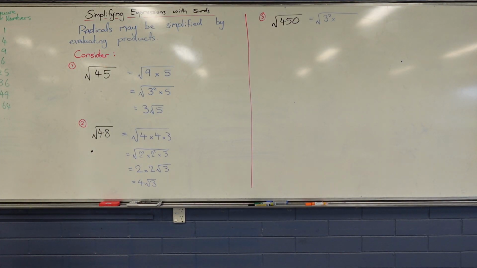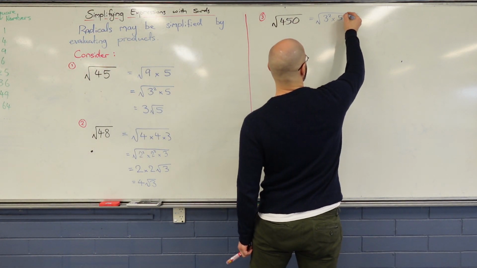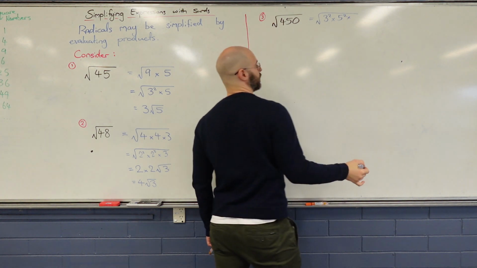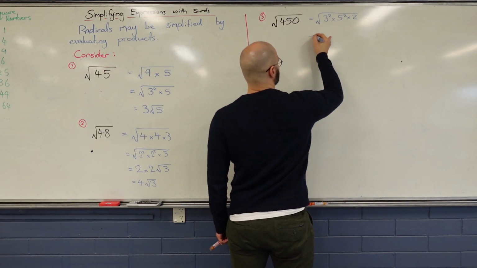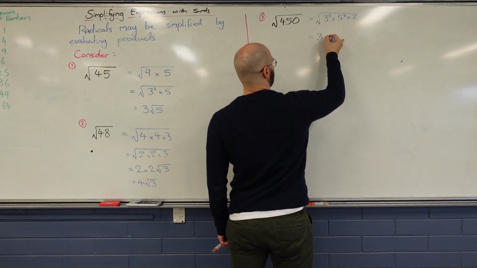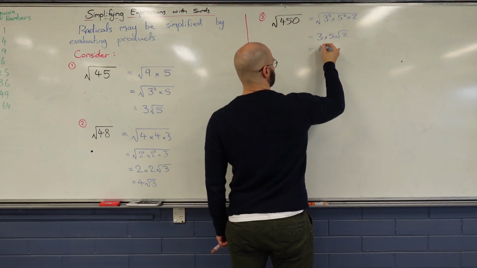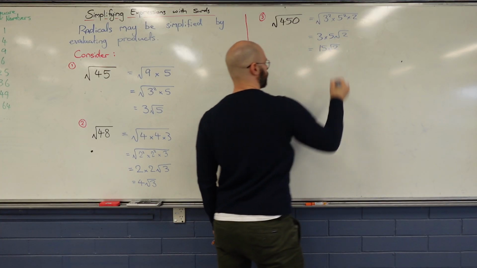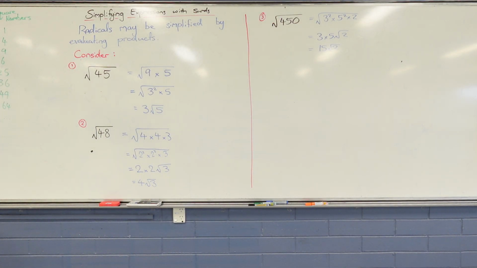After we've divided it by 3 squared, what could we divide it by? 25. And then what's left over? 2. Completing the journey: 3 by 5, root 2. 15 root 2. Is that making sense, guys?